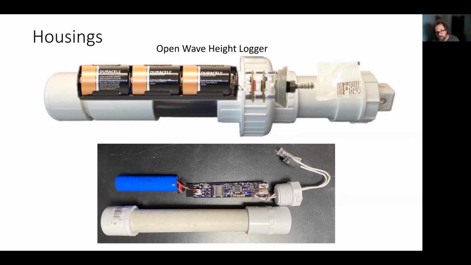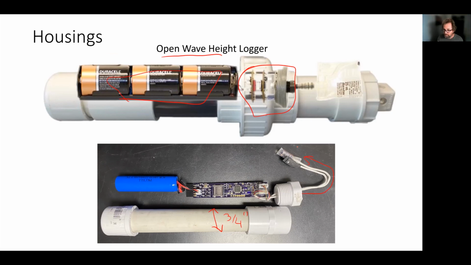So one of those housings here is from our open wave height logger project. We've got a stack of circuit boards here, batteries, all of that is housed within this set of PVC pipes behind it. At the bottom here is another representation of one of those circuit boards where it's designed to actually fit within a little 3/4 inch plumbing pipe here, along with its lithium ion battery and a little plug to have these sensor wires stick out of them.